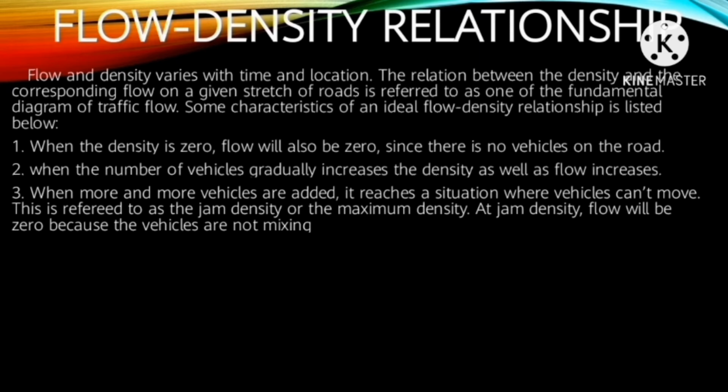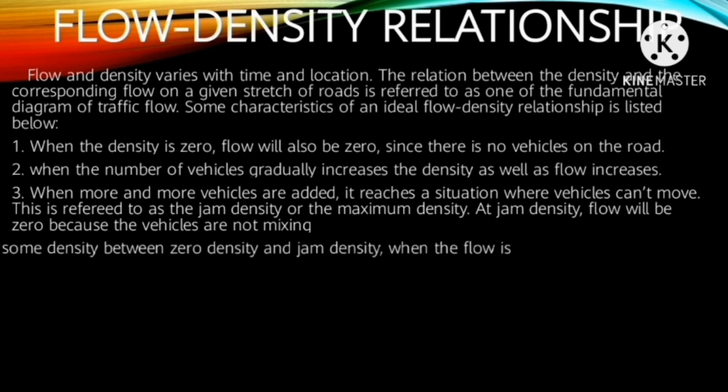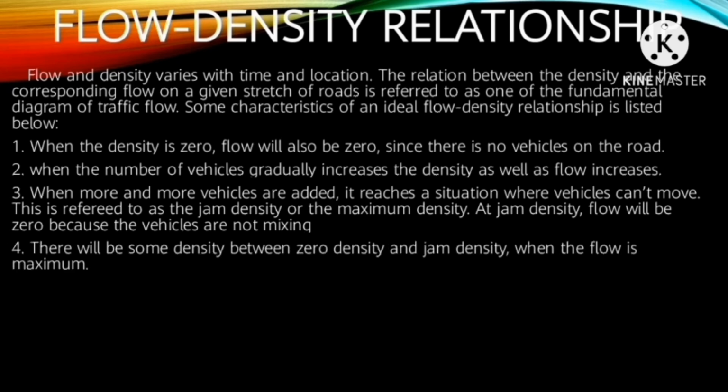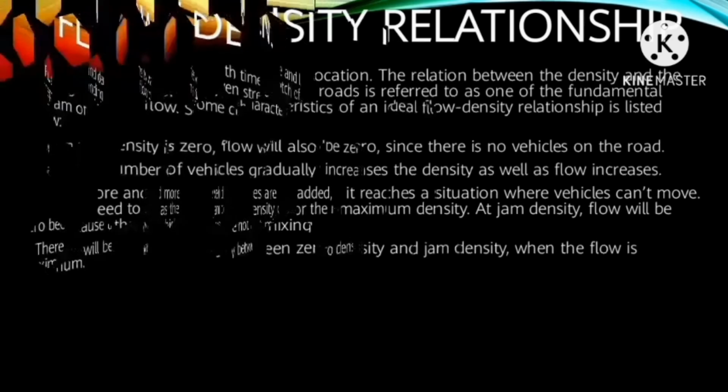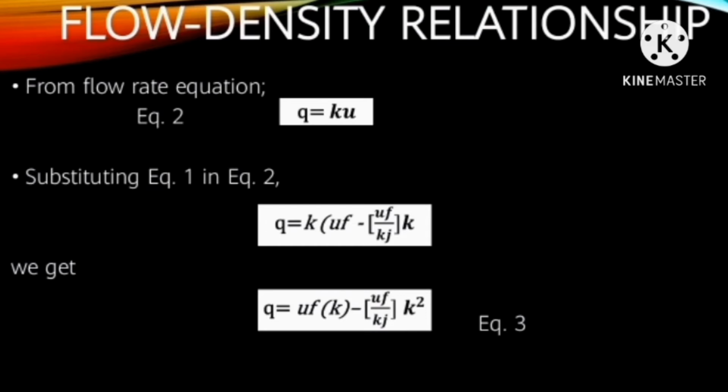Sa pagdami ng mga vehicles ay dumarating sa punto na kung saan yung mga vehicles na yun hindi na makagalaw. And it refers as the jam density or maximum density. By substituting the speed density equation to the flow rate equation, we can get the flow is equal to free speed multiplied by the density minus free speed over density jam times the square root of density.